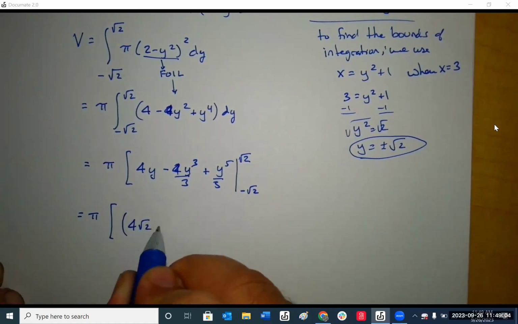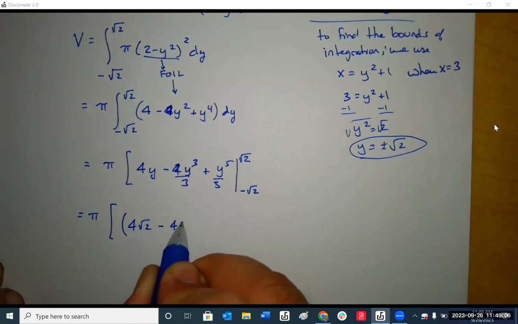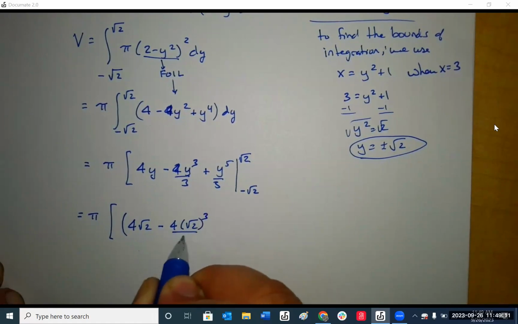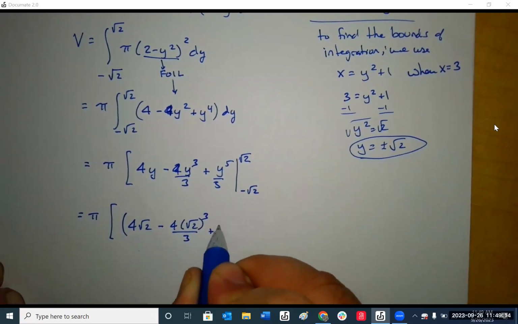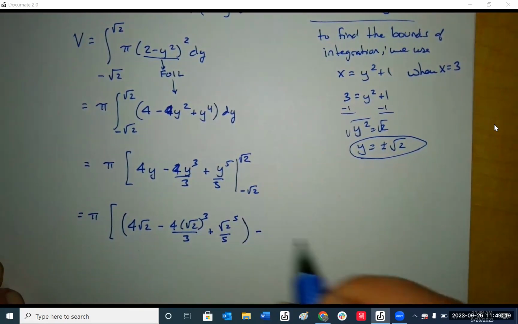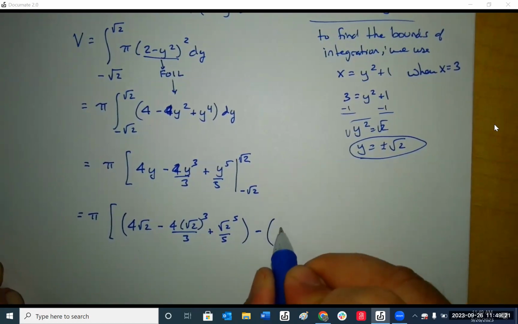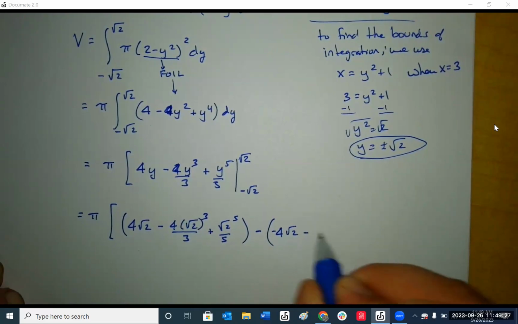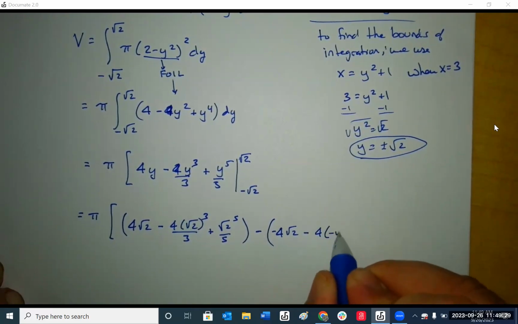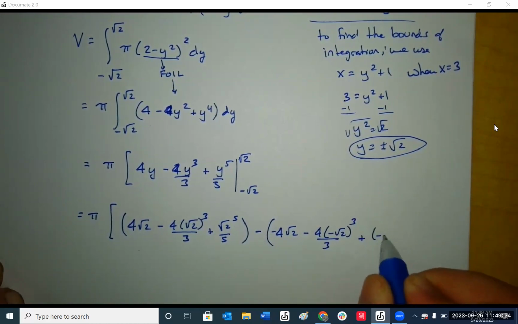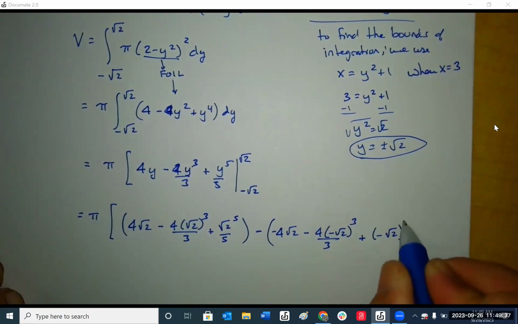Four radical 2 minus 4 radical 2 cubed over 3, plus radical 2 to the 5th over 5. Then negative 4 radical 2 minus 4 negative radical 2 cubed over 3, plus negative radical 2 to the 5th over 5.